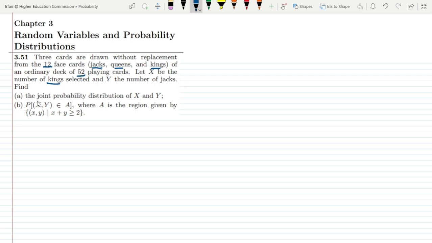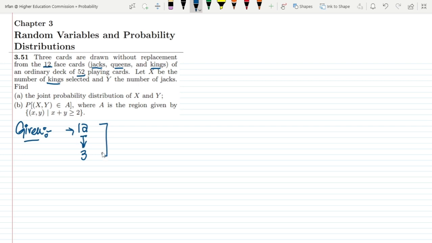So on the basis of this data, we have two parts. Let me first write the given data here. We have the total number of cards, which are 12, and from these 12 I have to select 3 cards. These 3 cards can be composed of kings, jacks, or queens.